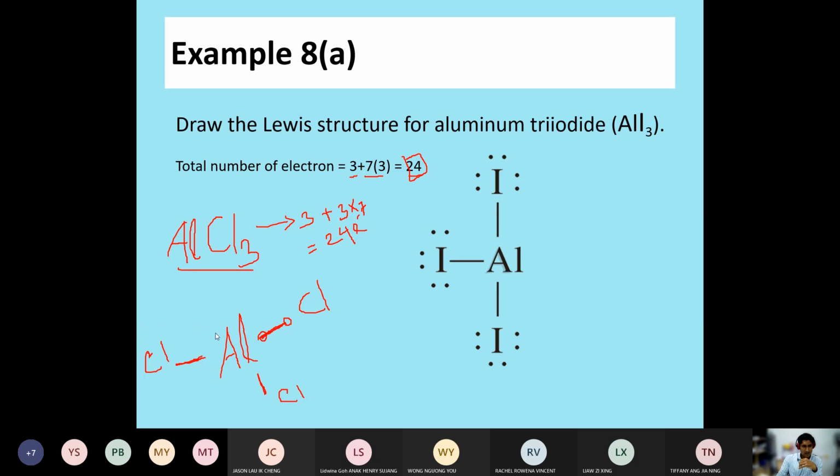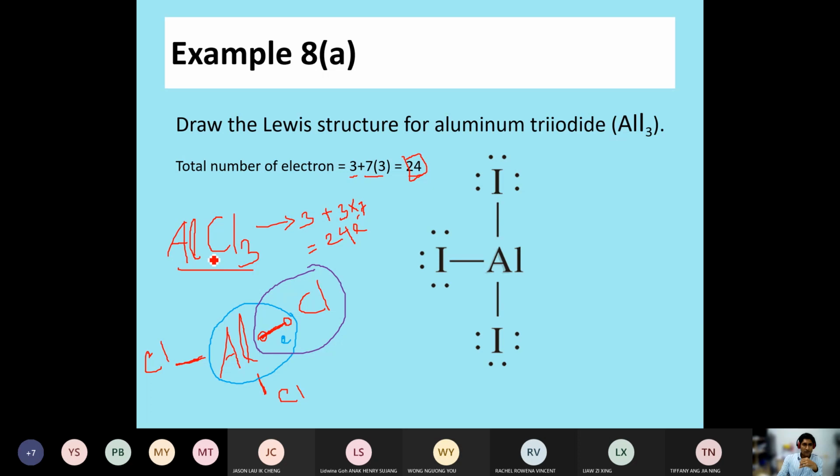These 2 electrons are shared by aluminium and also shared by this chlorine. They are sharing these 2. So you cannot say that these 2 electrons belong to chlorine or belong to aluminium. We cannot say it that way because it is shared by both. So what is the other thing?